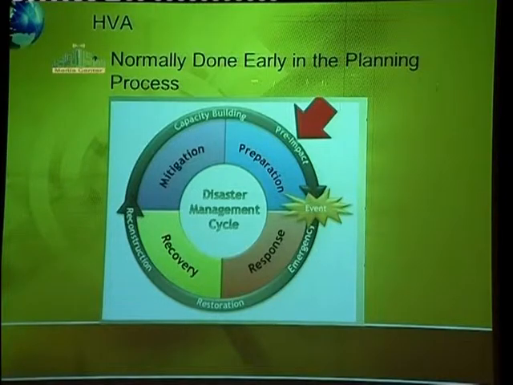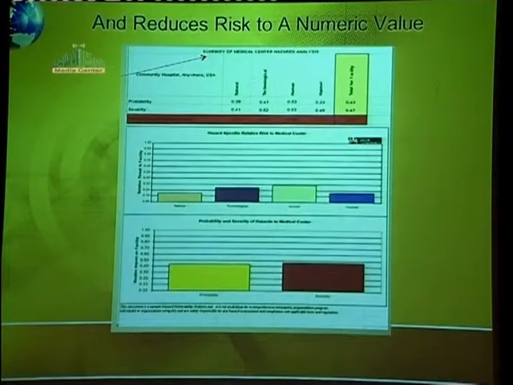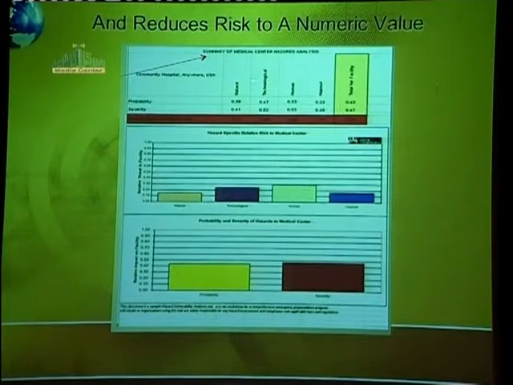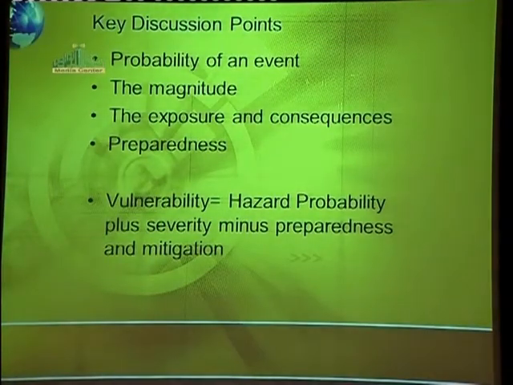One of the things it does is take your concerns and your vulnerability and put them into a numeric value. In theory, the reason for this numeric value is to make you aware of what you ought to be worried about first. What is it we are most fragile from, and how should we spend our time on that? And I'm going to talk about that a bit as well.